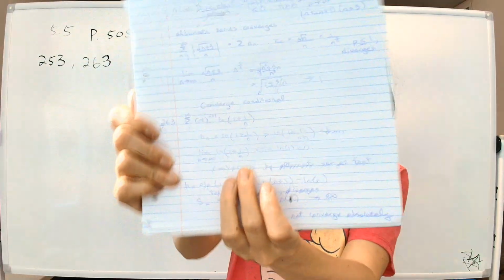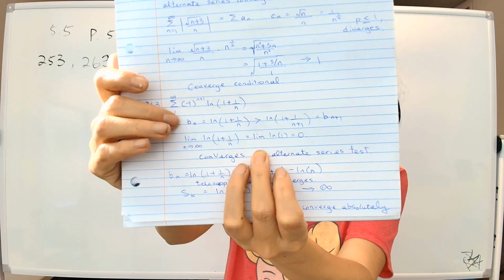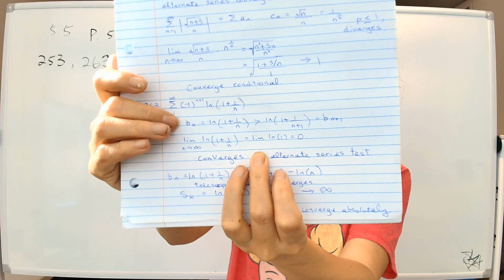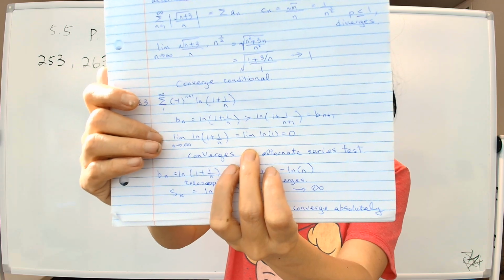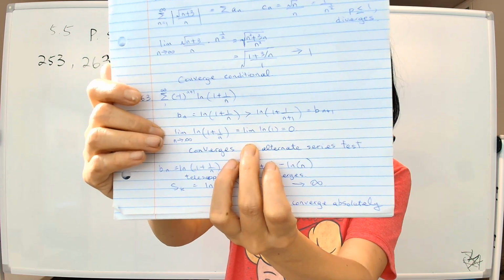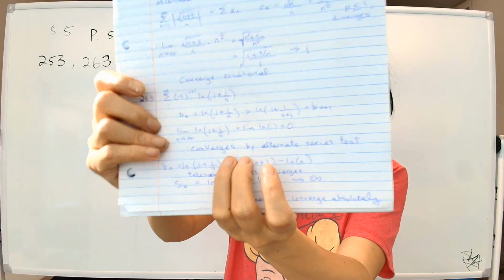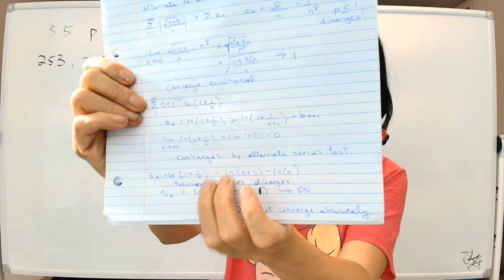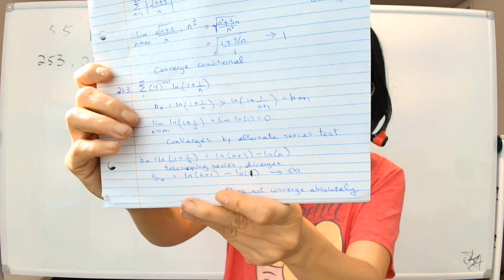But anyway, getting back to here, we prove the first condition, which is Bn is bigger than Bn plus 1, for obvious reasons. And then as n goes to infinity, Bn goes to natural log of 1, which is 0. So that's also obvious. So this converges by the alternating series test. What about absolute convergence, which means if we ignore all the plus and minus signs?